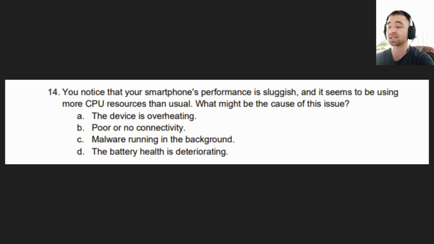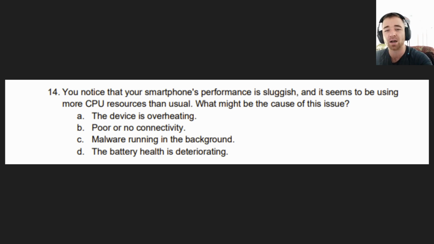So let's read through this again. Your smartphone's performance is sluggish, so it's slow, right? That can happen for a wide variety of reasons. And it seems to be using more CPU resources than usual. Okay, so it could be sluggish due to a wide variety of factors, but excess CPU resources, that means there's something running. So you might open up your phone and look through it and see, I only have one thing running.